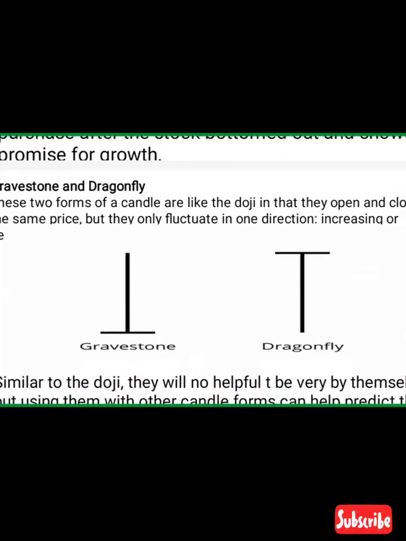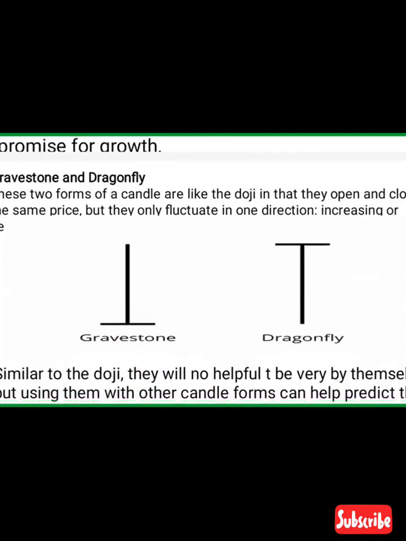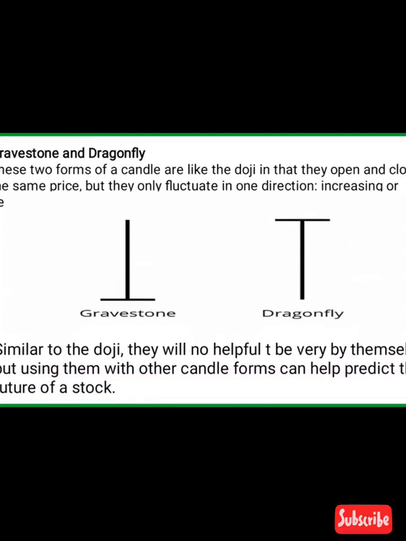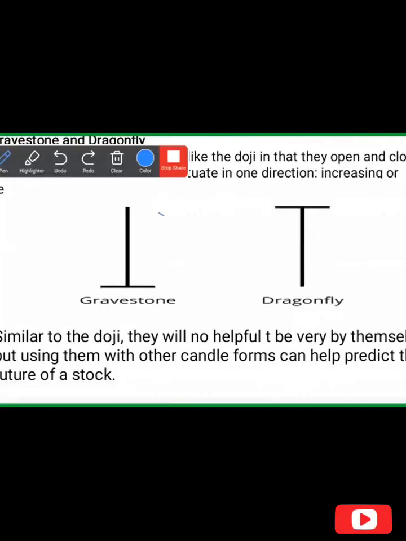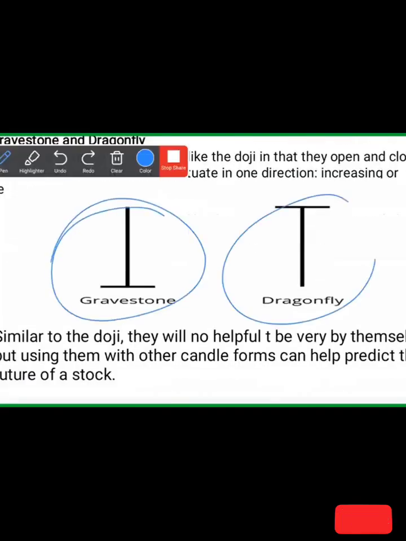Now the next we have is the gravestone and the dragonflies. Okay, this is just what they look like. This is a gravestone and this is a dragonfly. They look more like a doji, but the difference is that price comes back to close where it opens from.